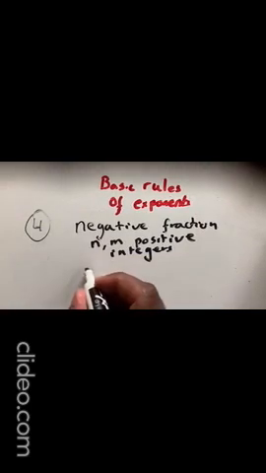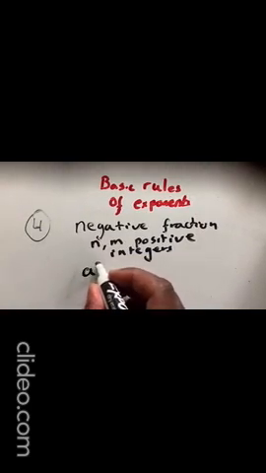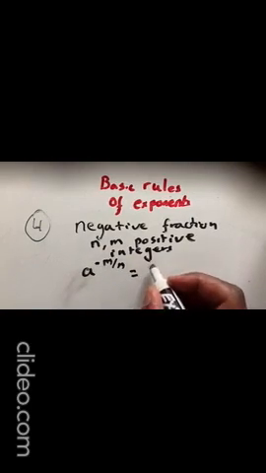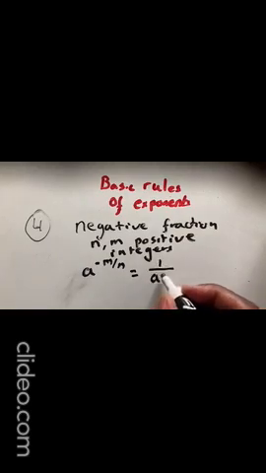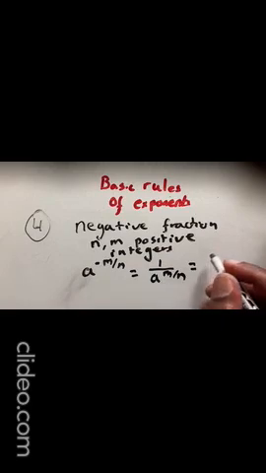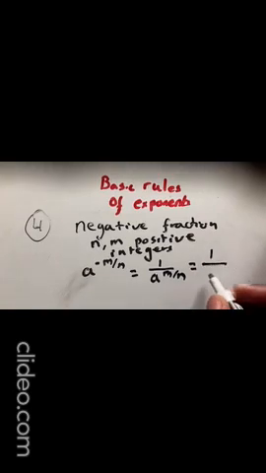So if we have something of the form a to the power negative m over n, as usual when we're dealing with a negative, we have to take the reciprocal. So it's going to be this here. Now this becomes, using the rule in number 3, we're just going to have this here, the nth root, a to the power m. Okay.